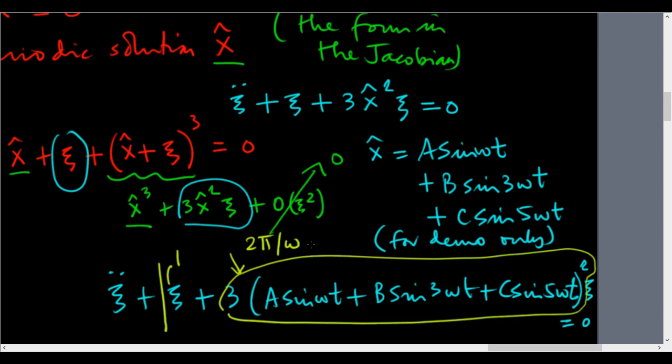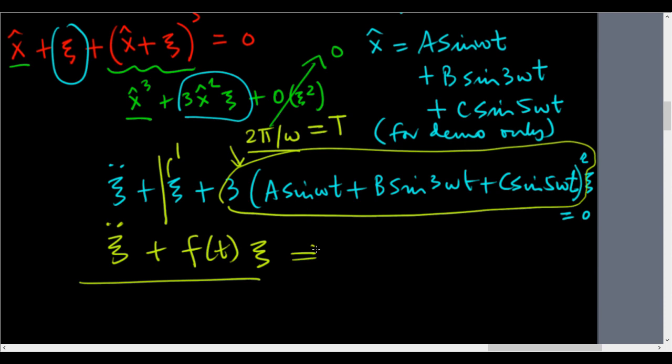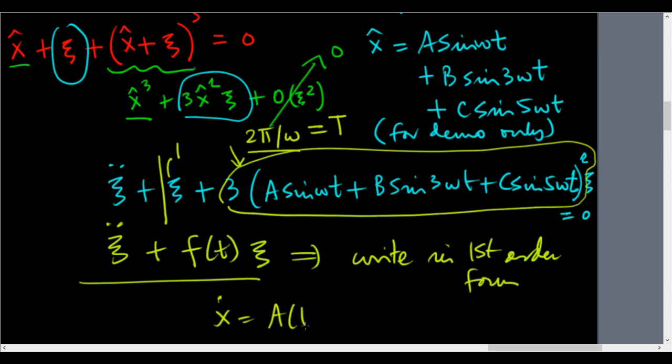This is also an acceptable period, and so this becomes xi double dot plus some f of t xi, and then you write it in first order form. And we have x dot is equal to a of t, x.